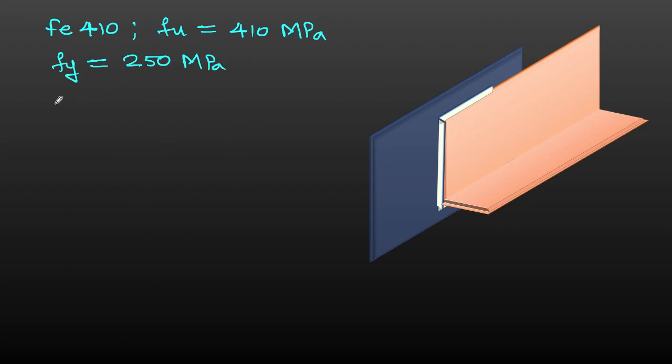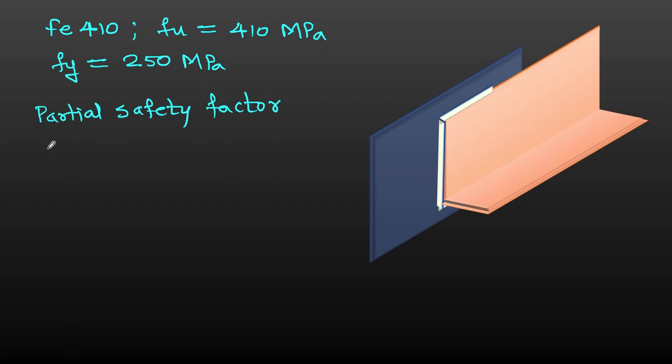Then the thing we have to use over here is the partial safety factor. Since we are following limit state method of design, we have to use partial safety factor. The partial safety factor values for yield stress and for ultimate stress are given in IS 800 table number 5.